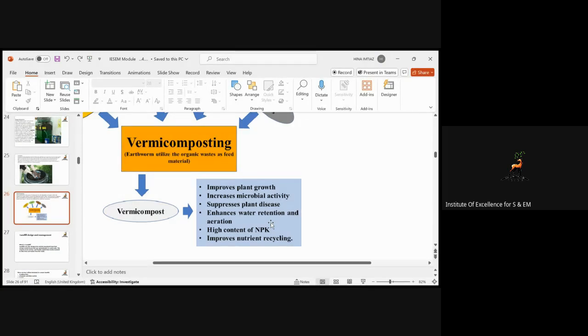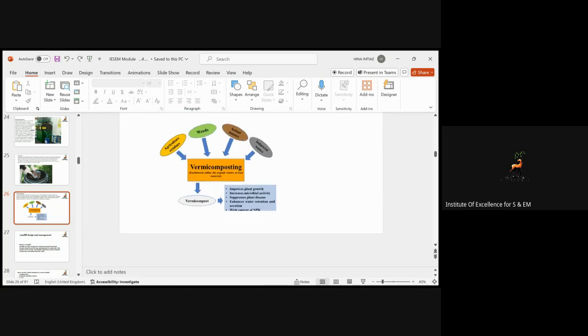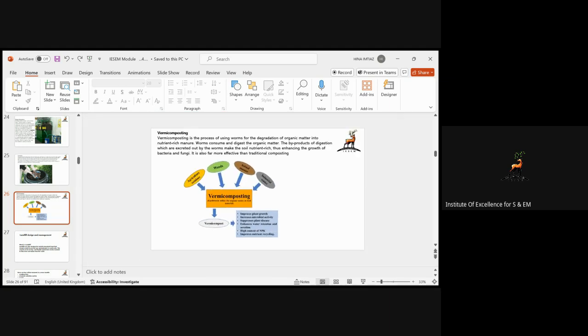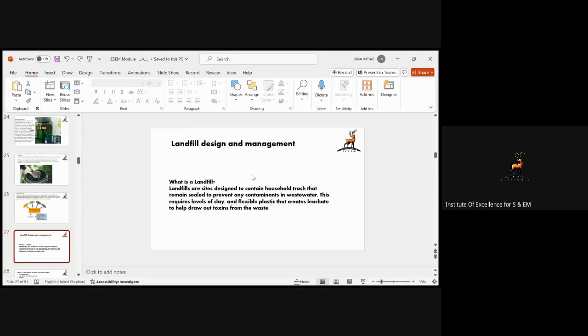And again, the soil environment will be enriched with a high content of nitrogen, phosphorus, and potassium. These three elements are essential for plant growth, and again it improves nutrient recycling. So this is the method which is vermicomposting, and now I'm moving towards the third subtopic, which is landfill design and management.